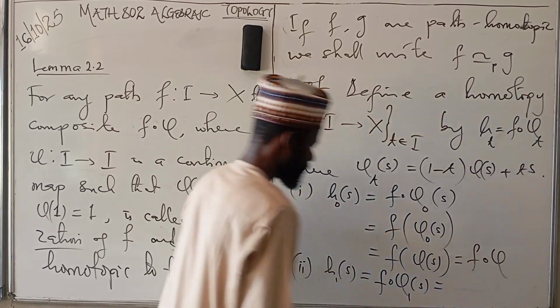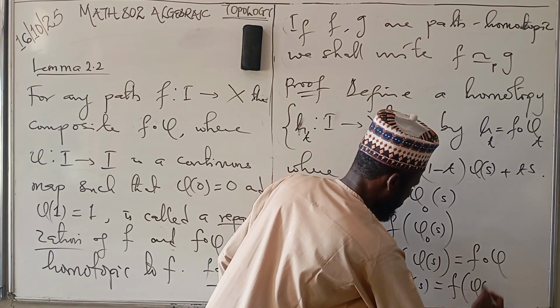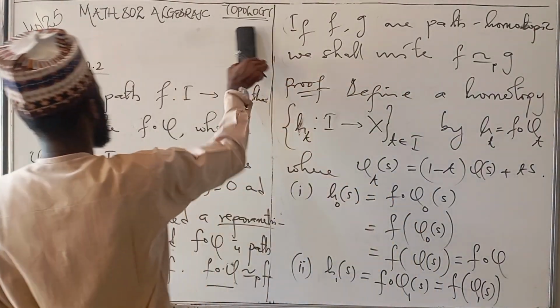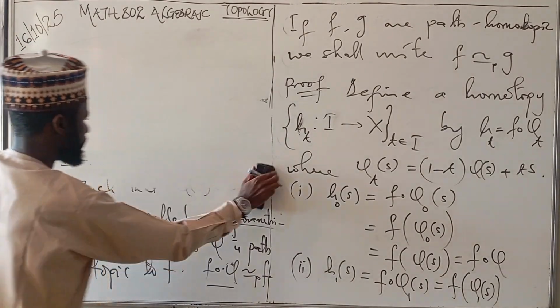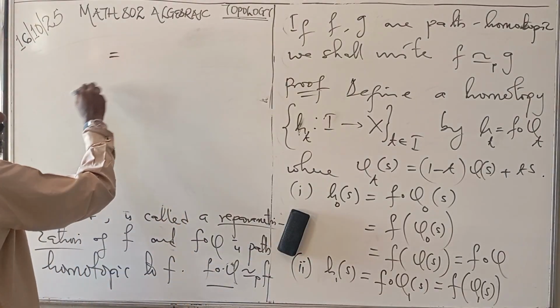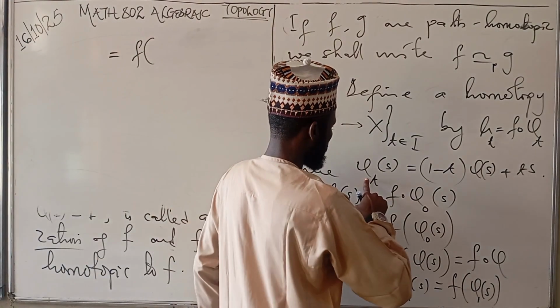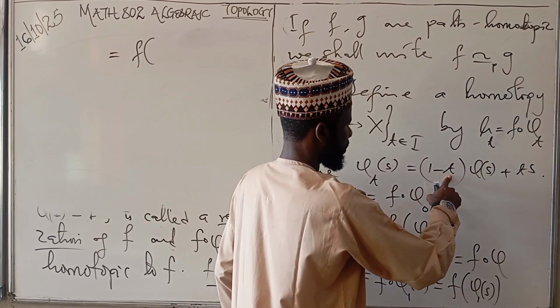Which will be equal to F of phi 1 of S. So actually you are using the definition of phi: 1 minus 1, because t is 1.